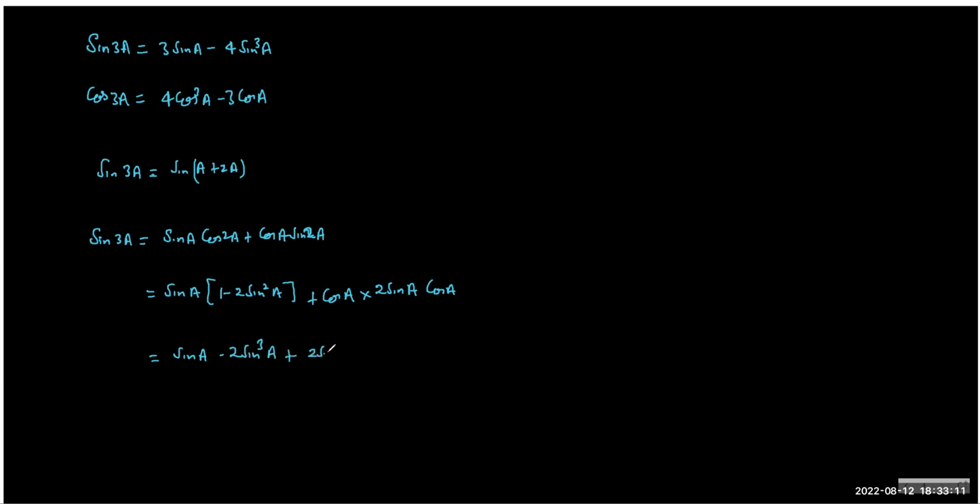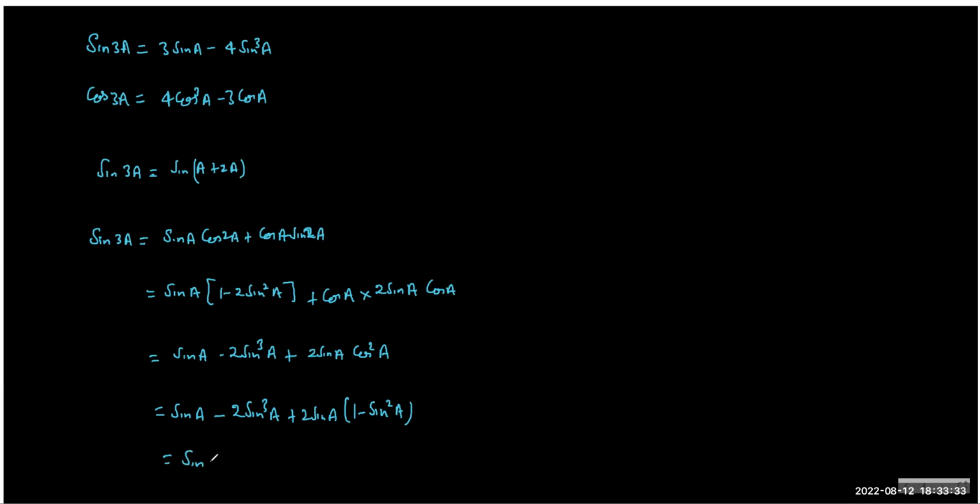And then I have 2 sine A into cos square A. I cannot do with cos, but I can do with cos square, right? So 2 sine cube A plus 2 sine A. And cos square, we can further write in terms of sine square as 1 minus sine square.